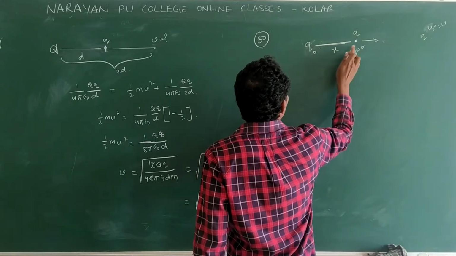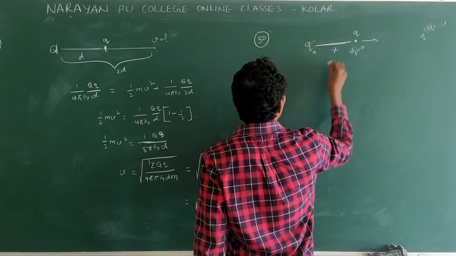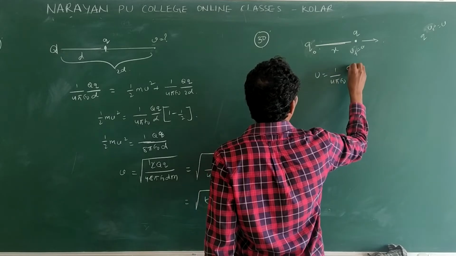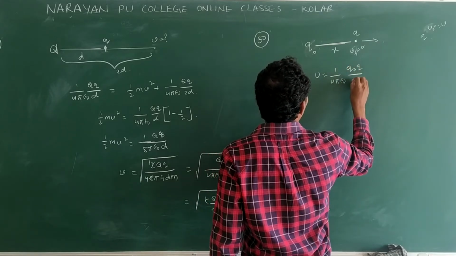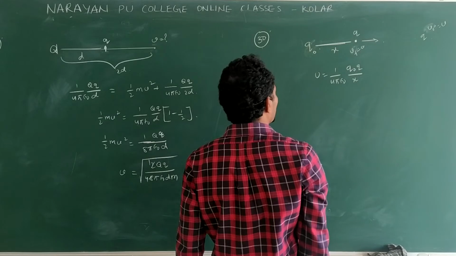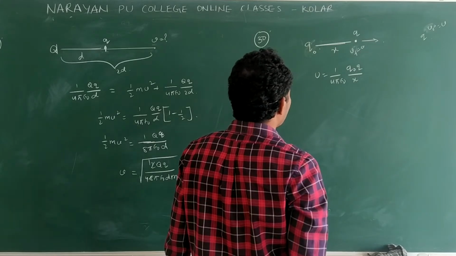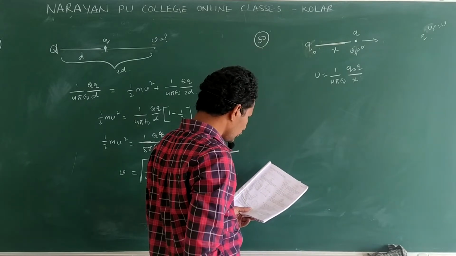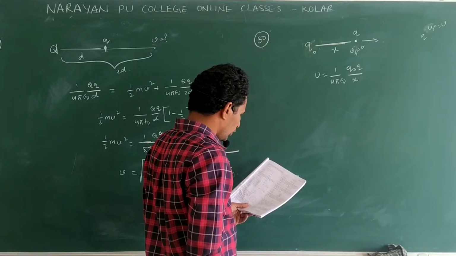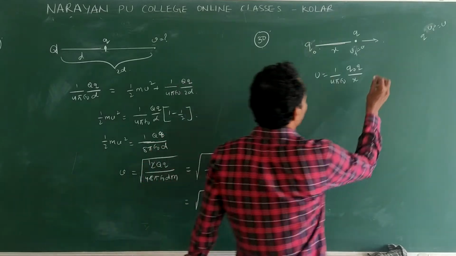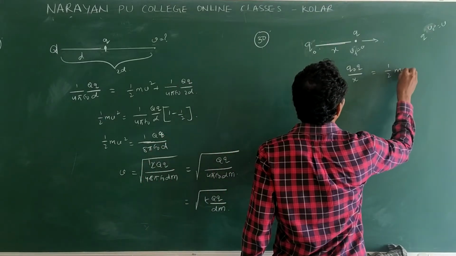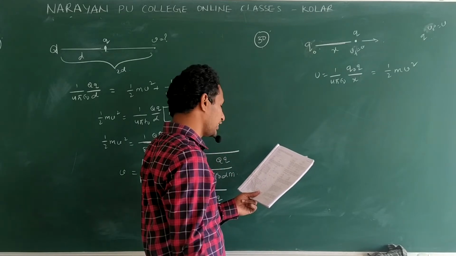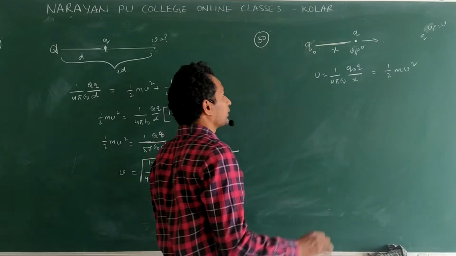So here the potential energy of the two charged particles is U equal to 1 by 4 pi epsilon naught Q naught Q by x. Clear? Understand? Now this is balanced with half m v square. Next case, what happened? The same charged particle is projected with 2v.